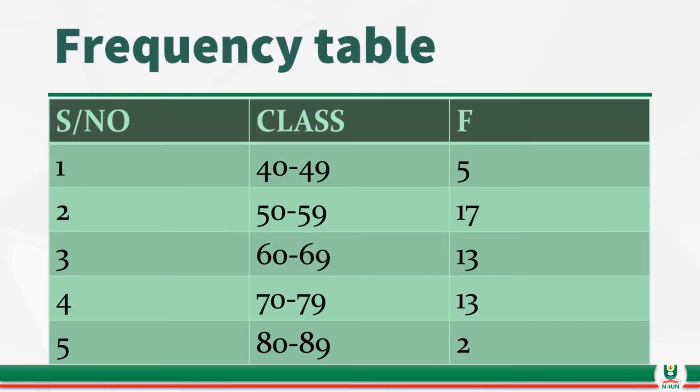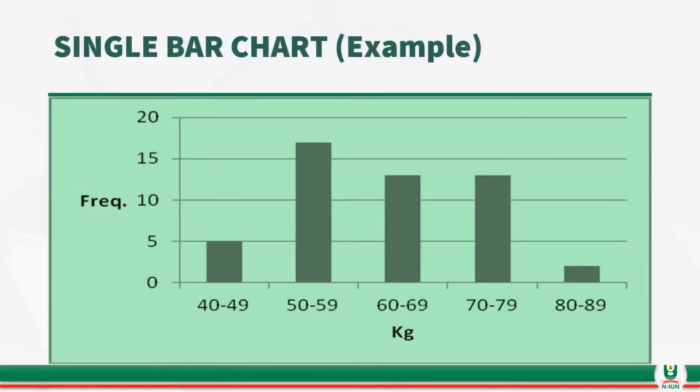So we'll start with the frequency table. You remember in our previous class we talked about the class, the serial numbers, and the frequency table appearing in 3 columns. This will help us to draw those charts that are represented in diagram. So this is an example of a single bar chart.